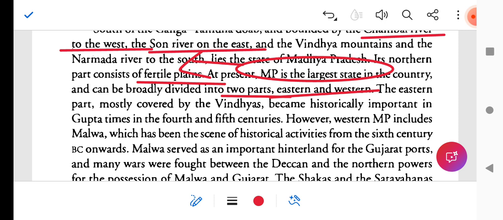The eastern part, mostly covered by the Vindhyas, became historically important in Gupta times in the 4th and 5th centuries.